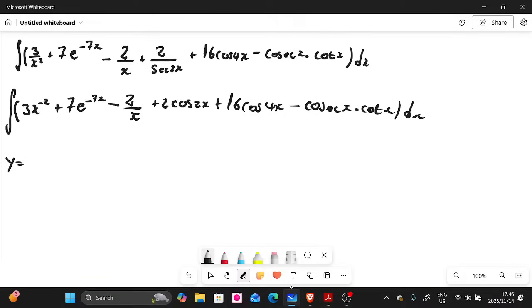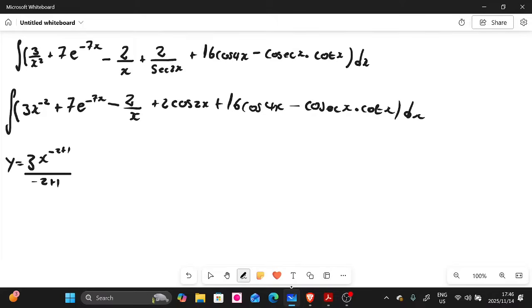Y is going to be equal to, the first term is the standard integral. How do you see x is the base, guys? Once x is the base, use the standard integration. I hope you know about standard integration, guys. It's going to be 3, obviously, the coefficient, then we have negative 2 plus 1, divided by negative 2 plus 1.